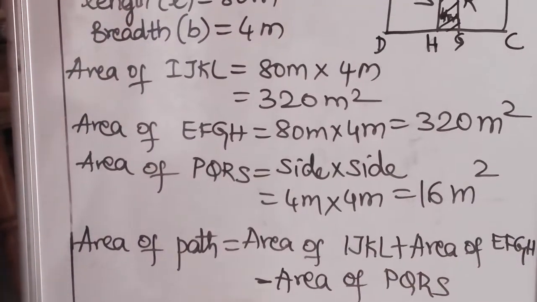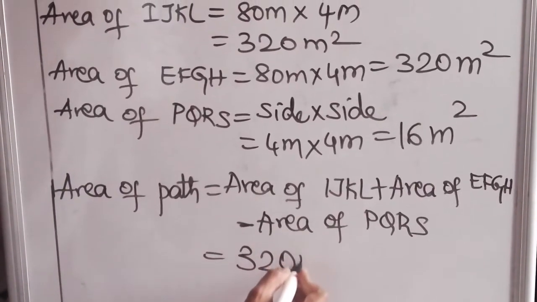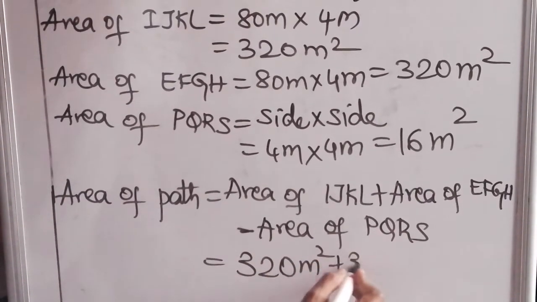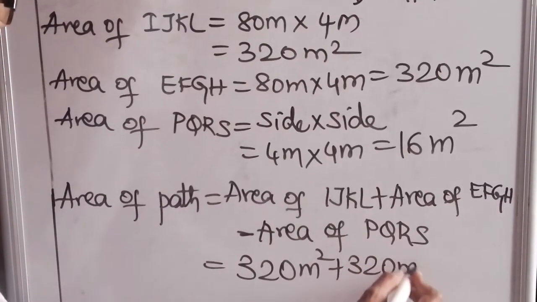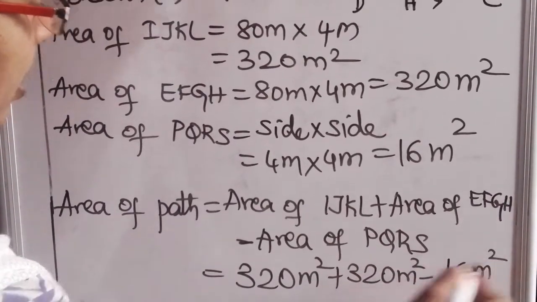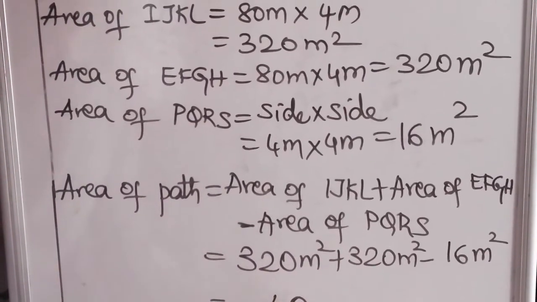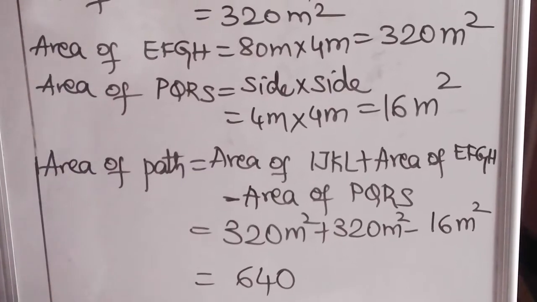Now let us substitute the values. This is 320 square meters plus 320 square meters minus 16 square meters. This is nothing but 0, 2 plus 2 is 4, 3 plus 3 is 6.